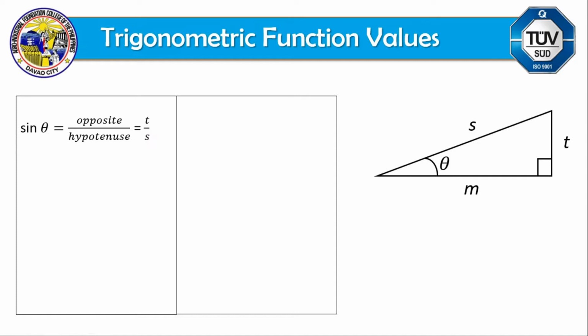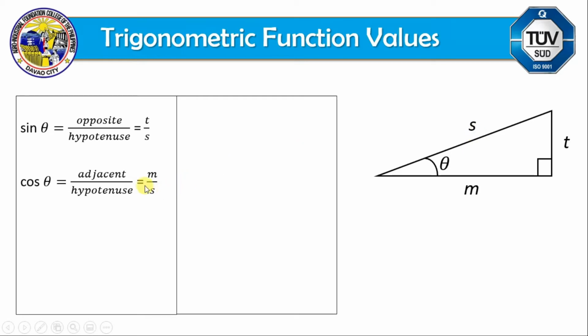That is why it is equal to side t divided by side s. Okay, nasundan? Now, for cosine theta, okay, cosine theta with respect to this triangle is equal to the adjacent side with respect to angle theta divided by the hypotenuse. So, theta is here. So, yung katabi niya na side, di pwede yung s kasi ito yung hypotenuse, is the side m. Okay, so ito yung adjacent side divided by the hypotenuse.